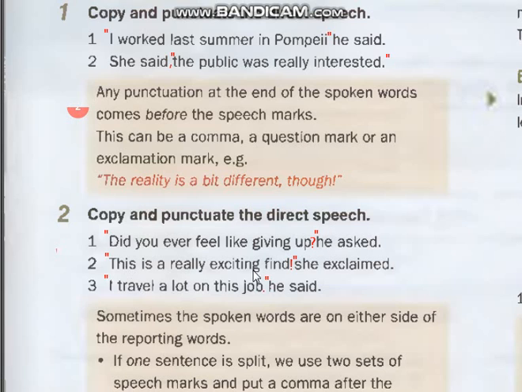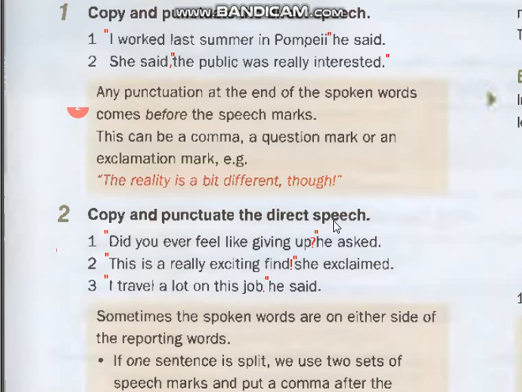This is a really exciting find, she exclaimed. This is an exclamation mark. We add the exclamation mark inside the speech mark. The speech marks, yeah. Number 3, I travel a lot on this job. I add here a full stop inside the speech marks. Okay, answer them in your pupils book.